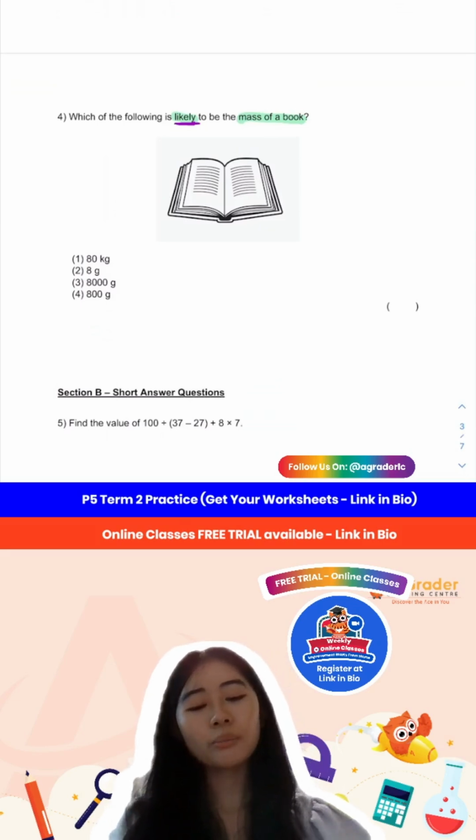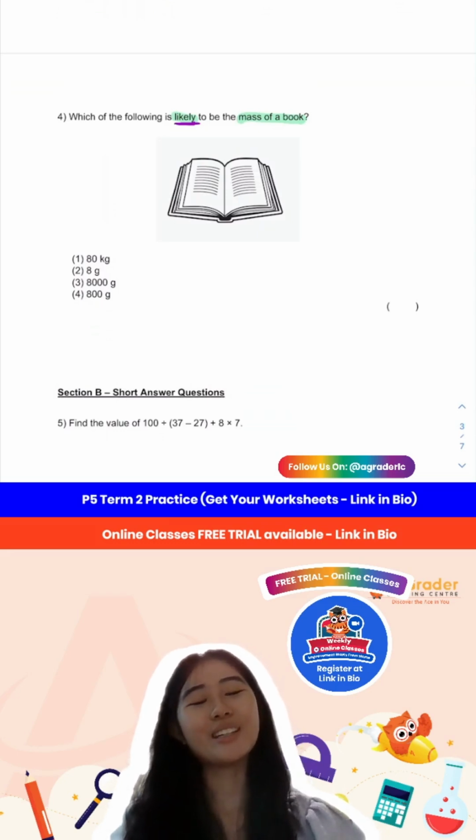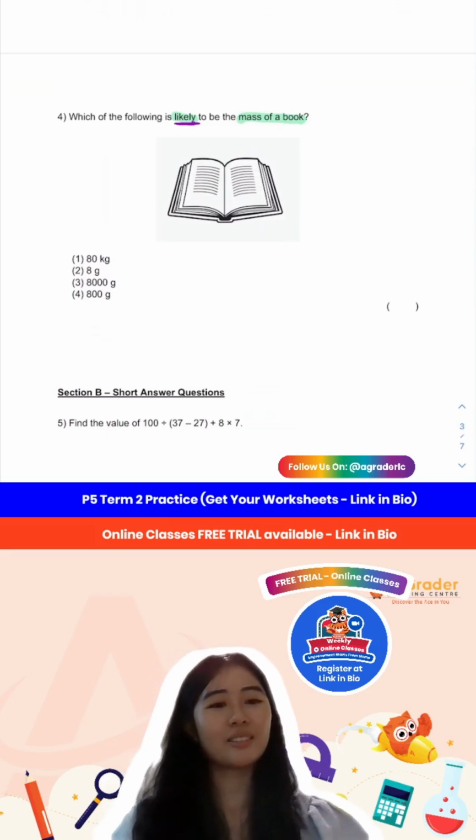Okay, so for this question, let me see your answers first. Oh, some of you are not very sure for this question. Okay, so I see option 3 and option 4 for this.